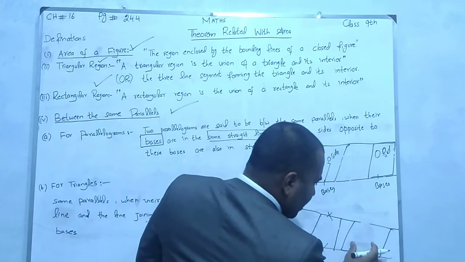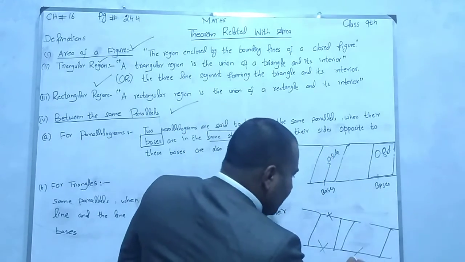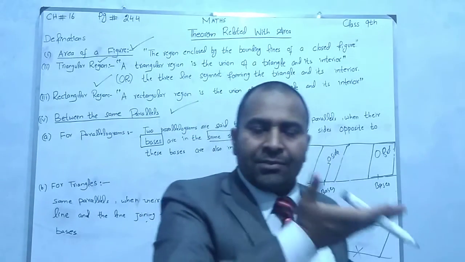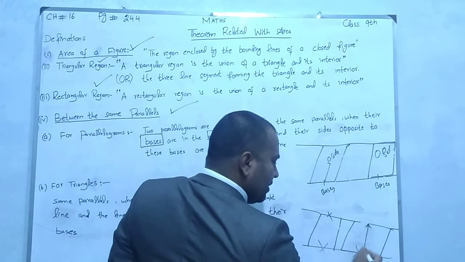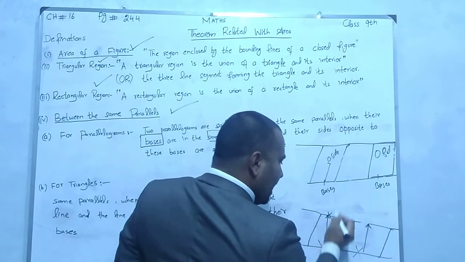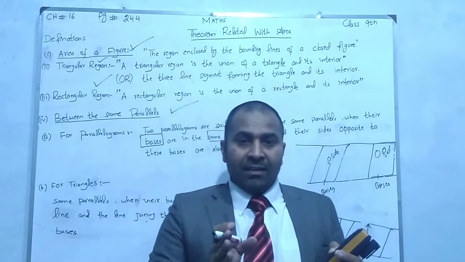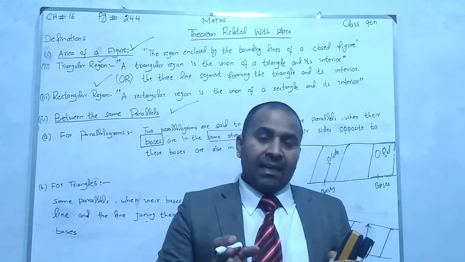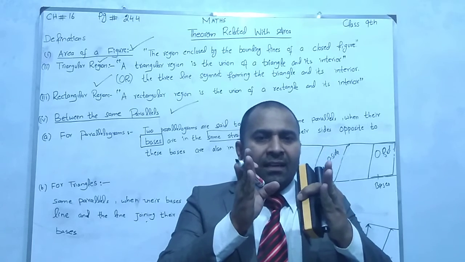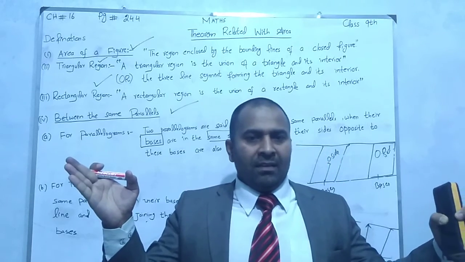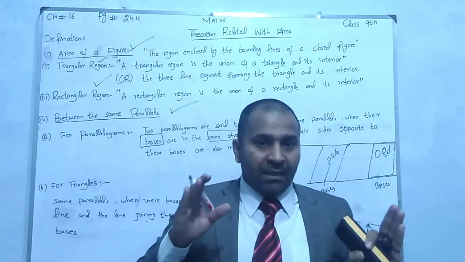look, they are two parallelograms, their bases are on the same straight line, while their opposite sides are also on the same straight line. But it does not matter if one parallelogram is smaller in width and the other bigger in width, like this, no problem at all.